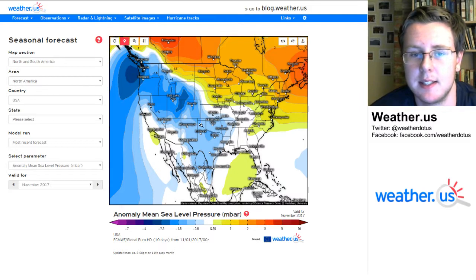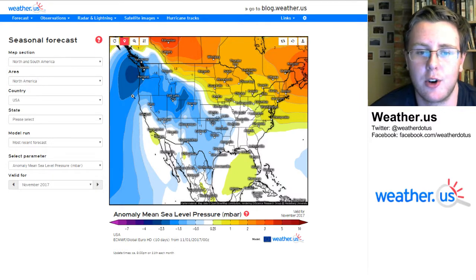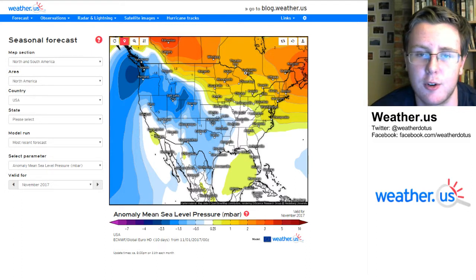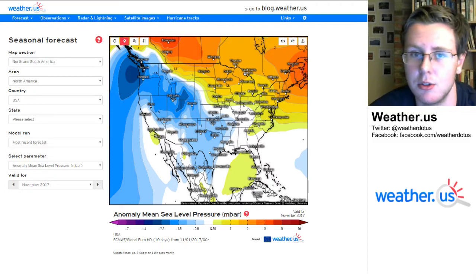So this takes the sea level pressure and then forecasts is it going to be higher or lower than normal. And again, this is all compared to normal. So this area in the Great Lakes is prone to see strong storms this time of year. So a higher than normal pressure signal here just means that the model is forecasting that those storms might not be quite as intense as they usually are.